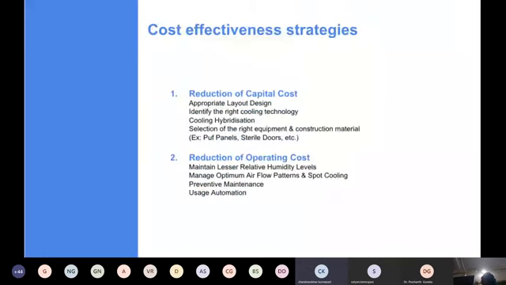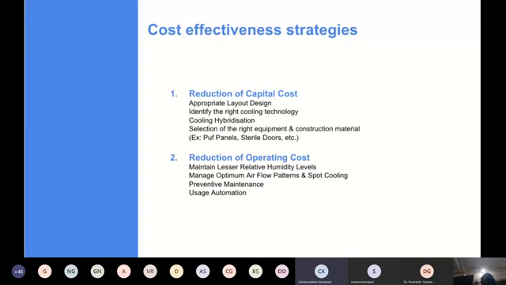So, what are the cost-effective strategies? How do we reduce our cost when we are designing any kind of air conditioning system for hospitals? One, appropriate layout design is of utmost importance. Identifying the right cooling technologies and using hybrid systems, and also using proper construction material which will reduce your recurring cost, like puff panels and honeycomb doors.